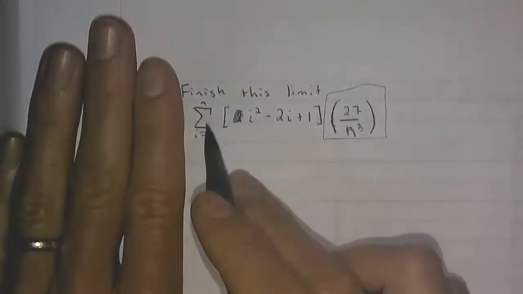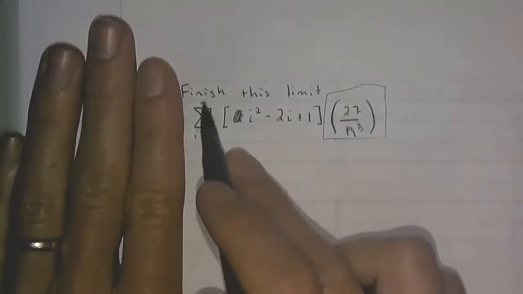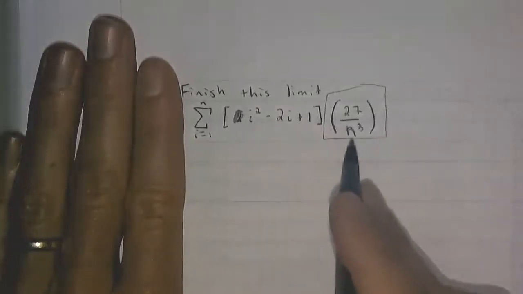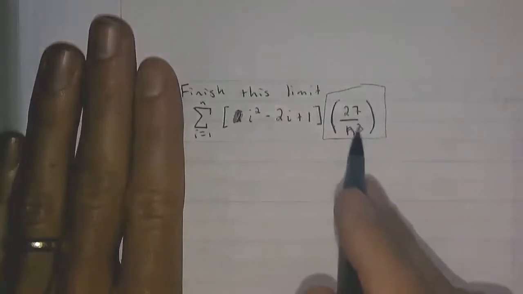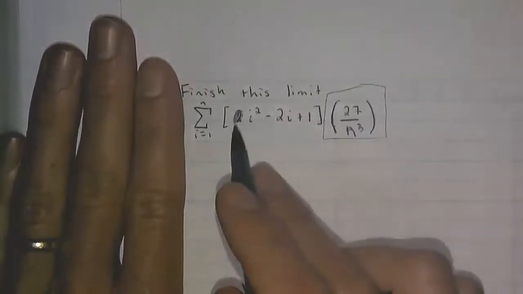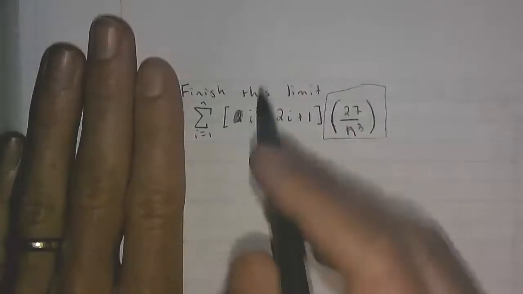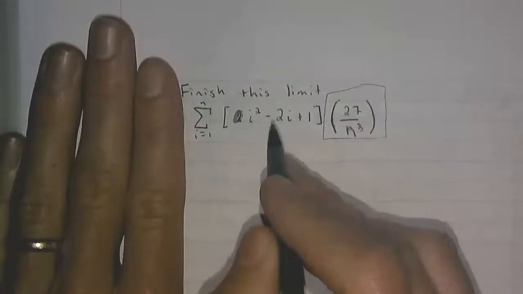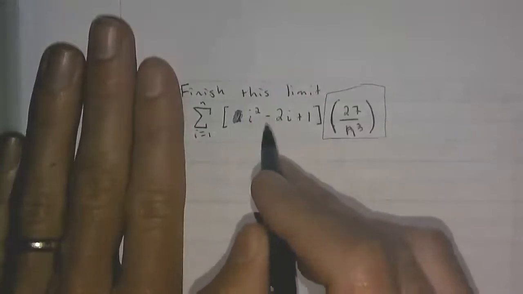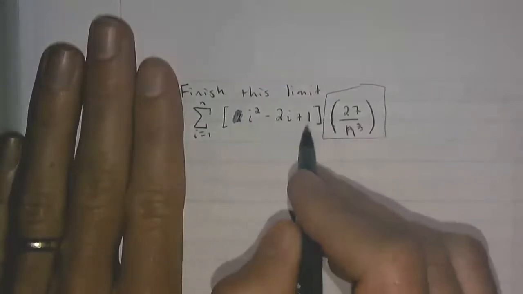So if this was from 1 to 10, you plug in a 10 for n, this would be 27 over 1,000, and this 27 over 1,000 would be at every step from 1 to 10 of this sum. But the actual individual terms of the sum are only dependent upon i.